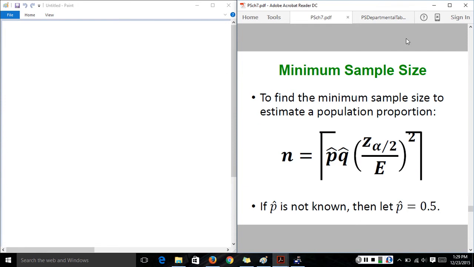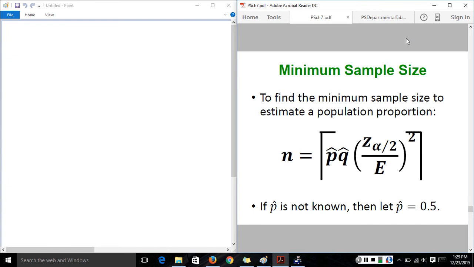If you're finding the minimum sample size to estimate a proportion, you can use this formula. N equals p hat times q hat times the critical value associated with the confidence level divided by the margin of error squared. And there are ceiling brackets on this formula.